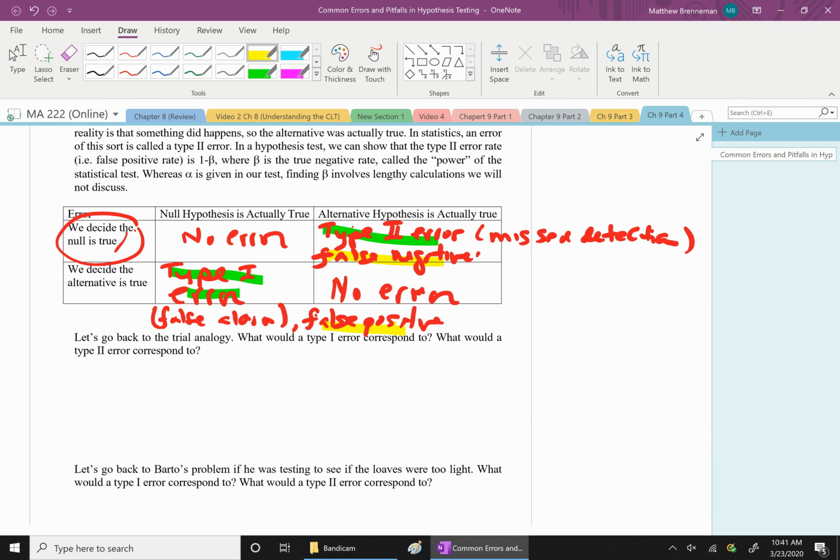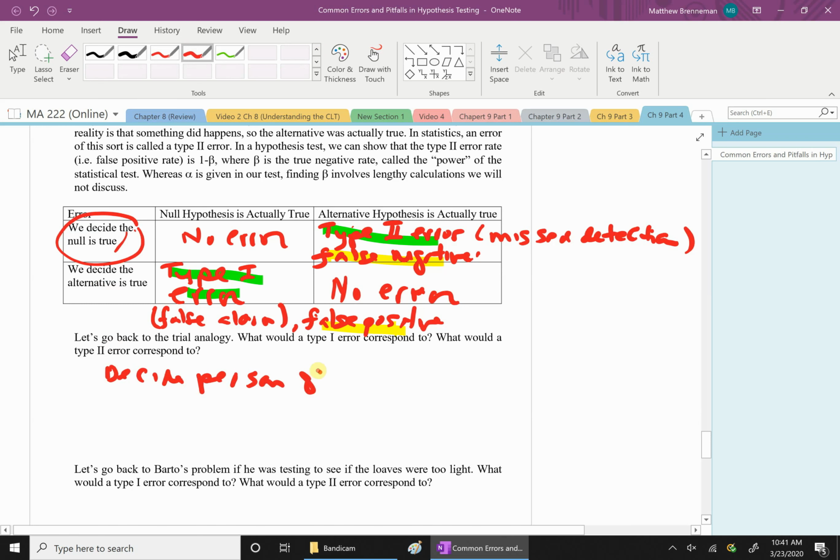So if we think about the trial analogy, okay, what would a type 1 error be? Well, a type 1 error would be when we decide the alternative is true, which in this case means we decide the person is guilty, but they're not. Right? This would be a type 1 error.